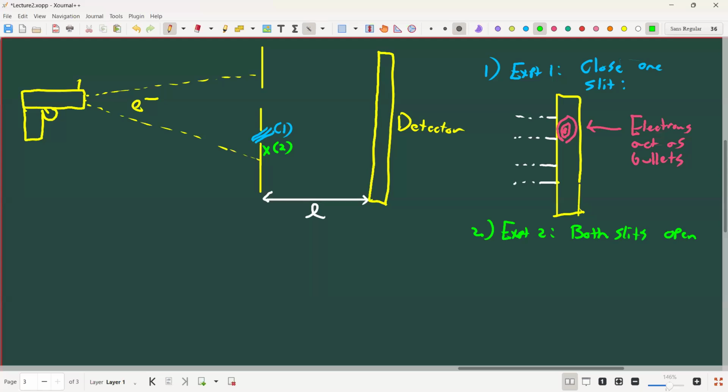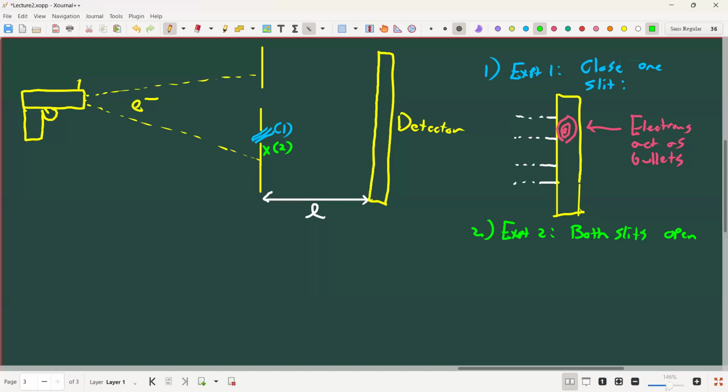So our expectation, right? Let's think about what happened in experiment 1. If slit 1 is open by itself, we see a target pattern that exhibits the properties that the electrons are acting like particles or bullets, billiard balls. And if we change the slit, you see the same thing, just on the other slit. Right, so now what I do is I just take that shield away.